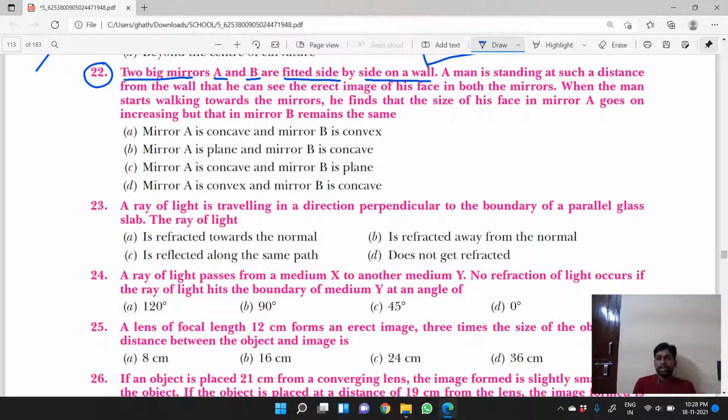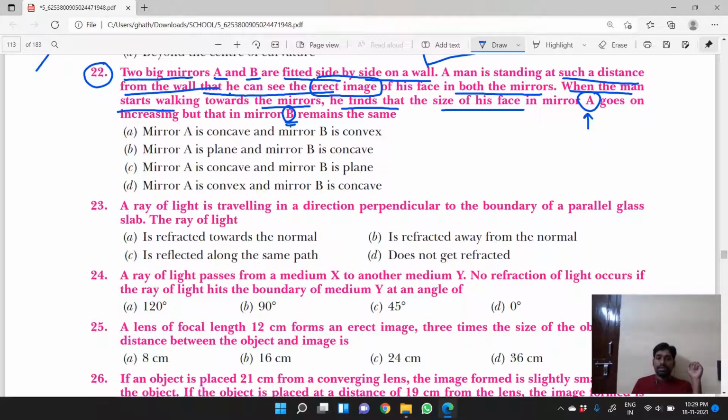A man is standing at such a distance from the wall that he can see an erect image, and erect means virtual, my dear friends, of his face in both mirrors. When the man starts walking towards the mirrors, he finds that the size of his face in mirror A is increasing, and in B it remains the same.